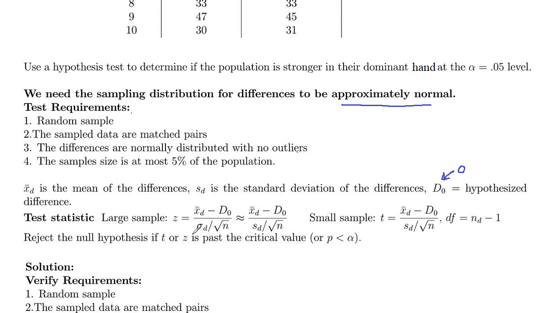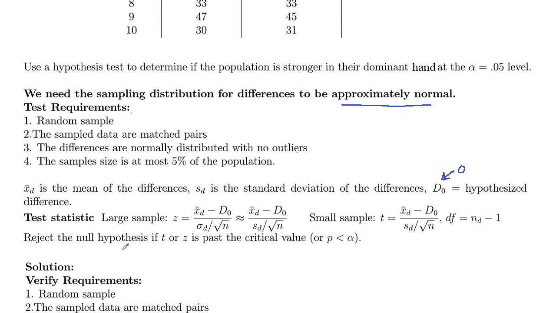If we have a large sample, our test statistic will be the mean of the differences minus d0 divided by sigma over root n. Use s over root n if you don't know sigma. For a small sample, you'll use a t-test: x bar sub d minus d0 over s sub d over root n. Degrees of freedom will be the number of differences minus 1.